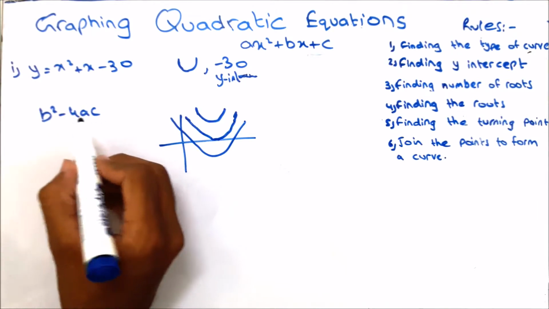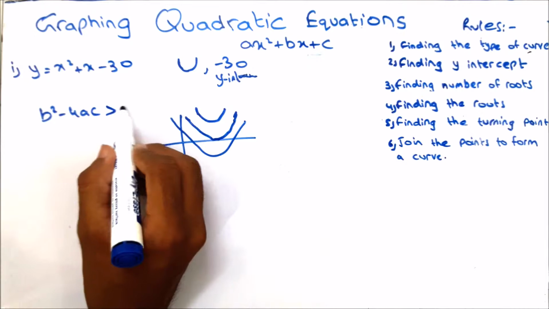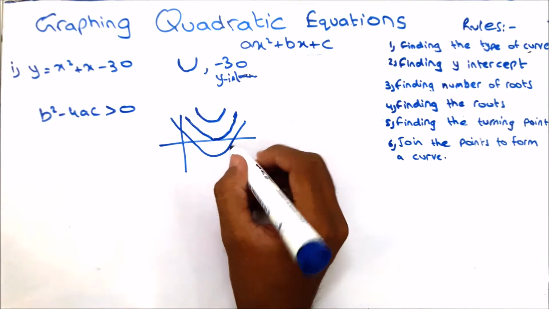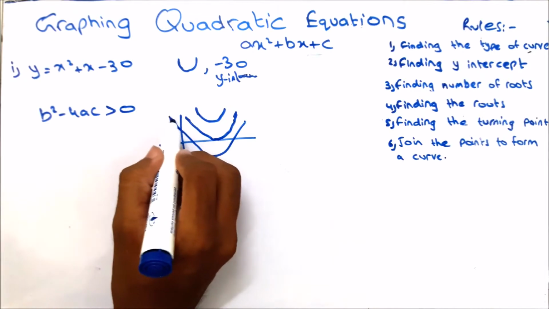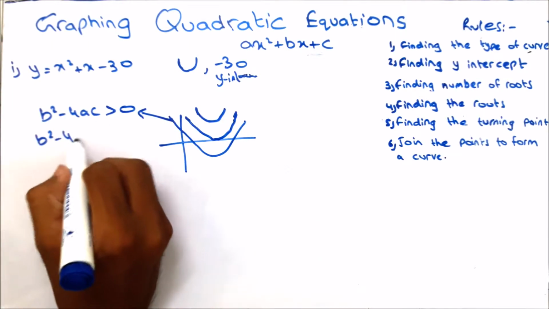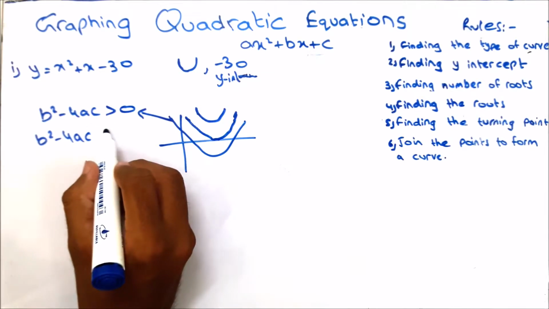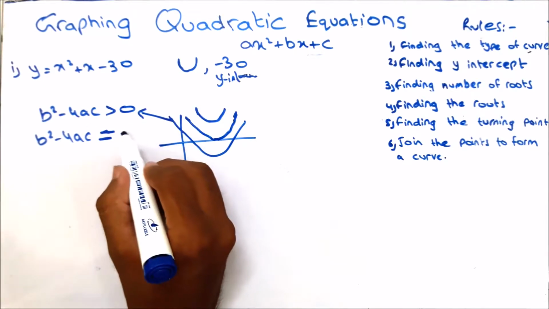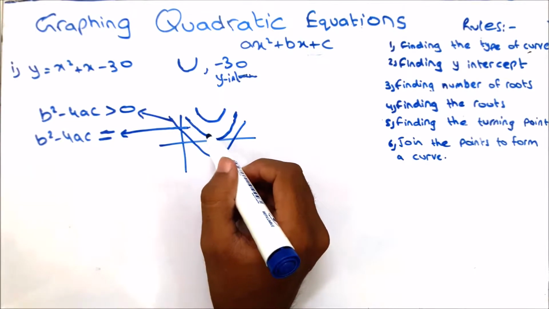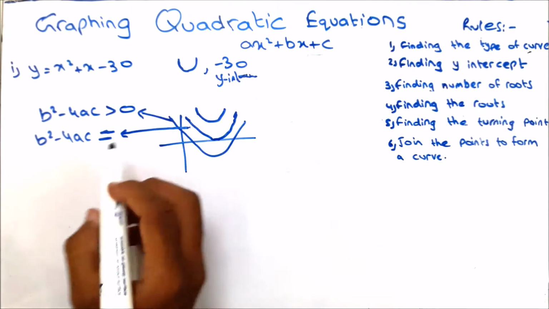If b squared minus 4ac is greater than 0, we will have two distinct real roots. The curve will be like this. If b squared minus 4ac is equal to 0, our curve will be of this type. It will just touch the x-axis and go back up again.